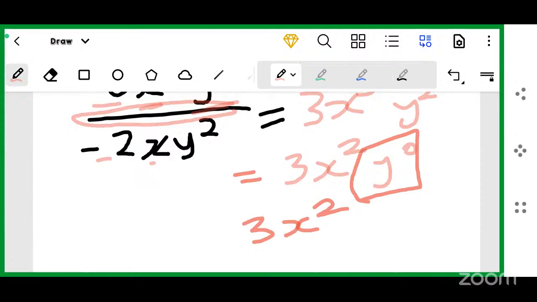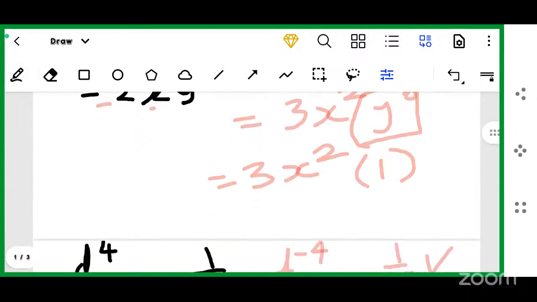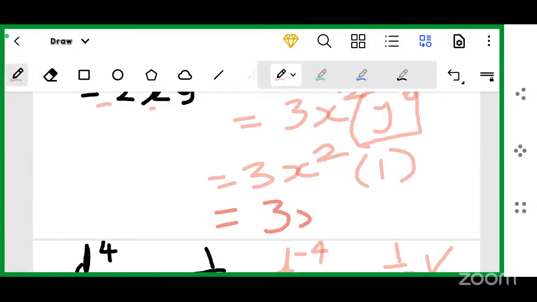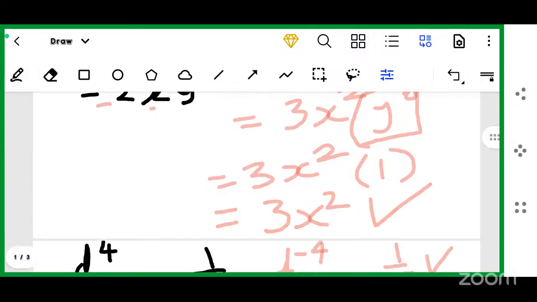It's going to become a 1. Perfect. So you're going to multiply the 3x to the power of 2 by 1. What is 3x to the power of 2 times 1? 3x to the power of 2. Perfect. So your final answer is going to be 3x to the power of 2. We are done there.